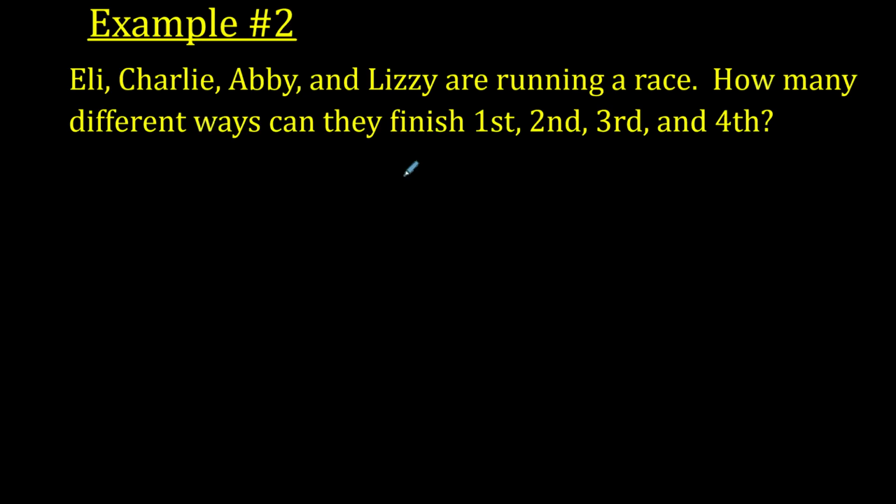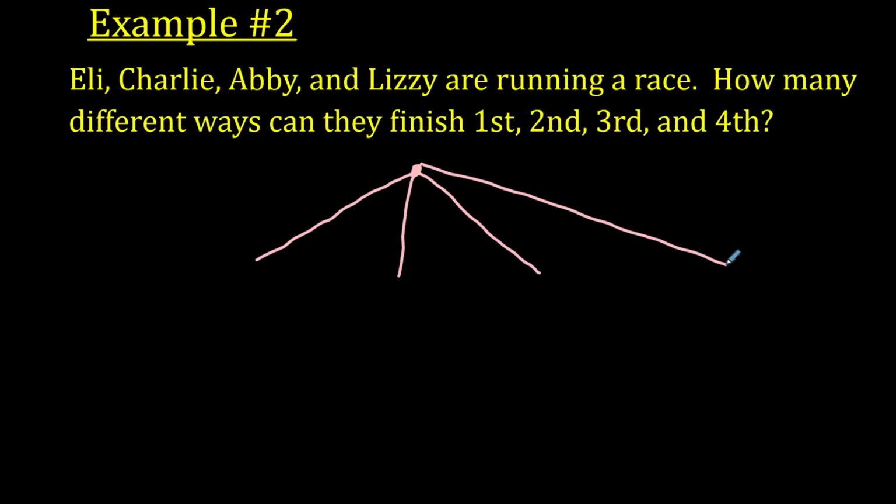We are going to start out with first place. And so our first place is going to have 4 different options. 1, 2, 3, 4. I'm going to try to spread them out because I'm going to need some room here.